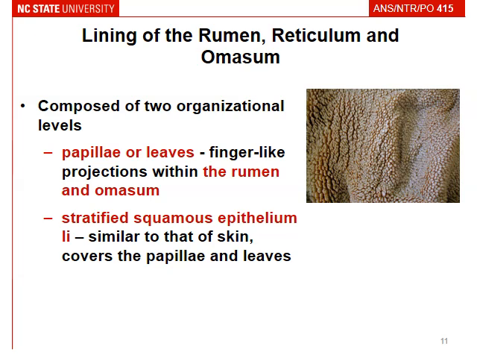If you look inside the rumen, it almost looks like seaweed with these very elongated papillae. And the omasum almost looks like leaves. But all of these structures are composed of papillae or leaves, which are finger-like projections in the rumen and omasum.